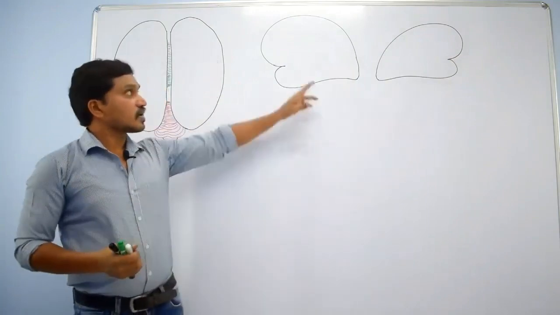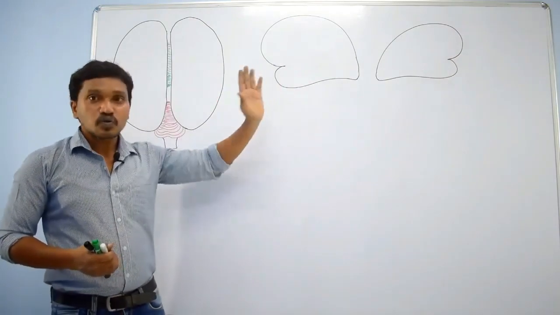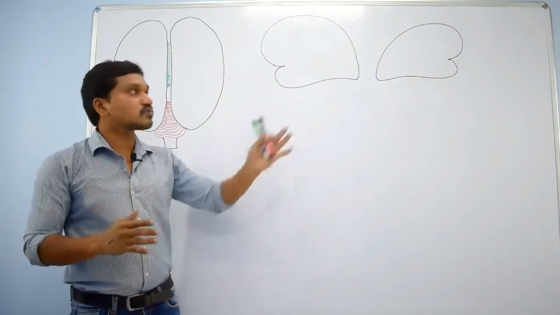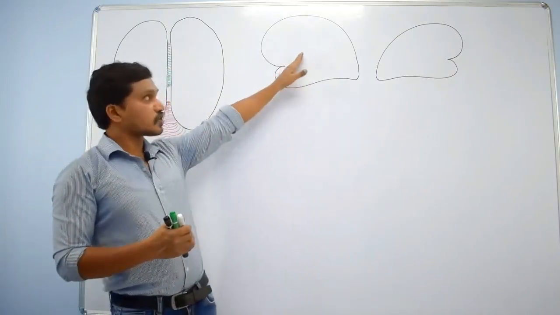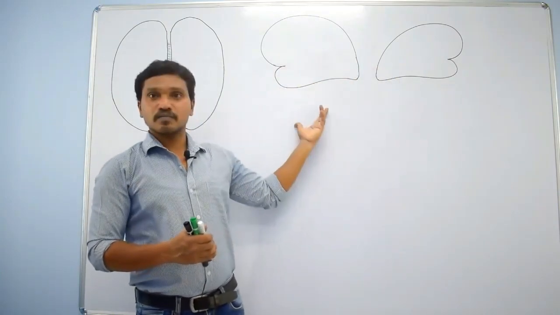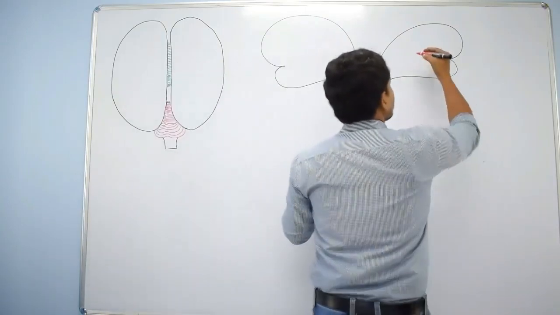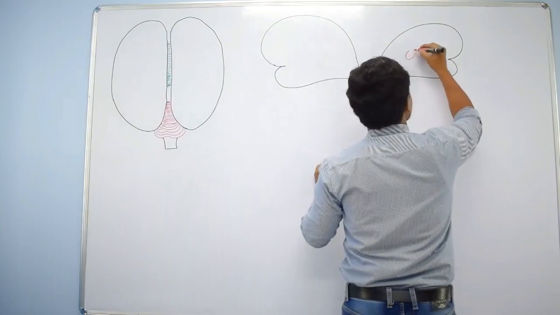If you take the medial surface, we have to draw some structures present in relation to it. Otherwise, there is no difference between the superior lateral surface and the medial surface. See here, there is no difference. That's why we have to draw some structures present in relation to the medial surface.